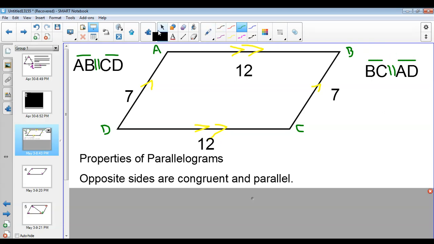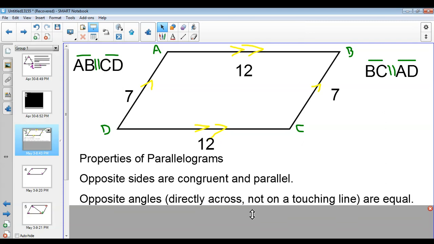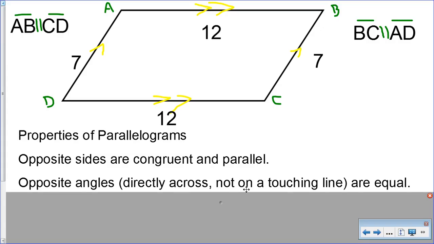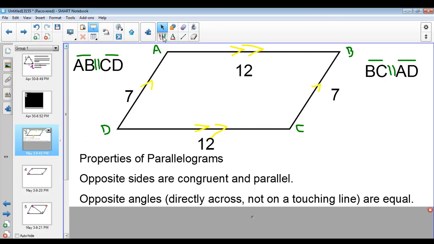Okay, cool. The next thing we're going to take a look at is that opposite angles, directly across from each other but not on a touching line, are equal. Let's take a look at angle D, for example. I put a blue arc inside angle D. Opposite angles are directly across from angle D, and they can't be on a touching line.